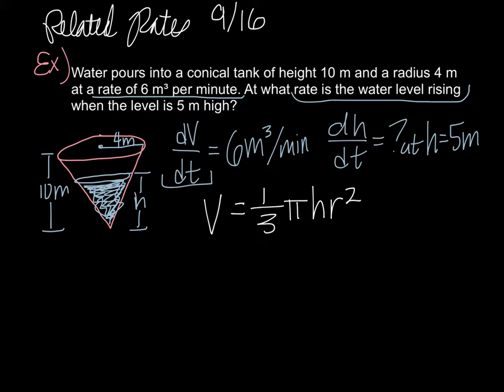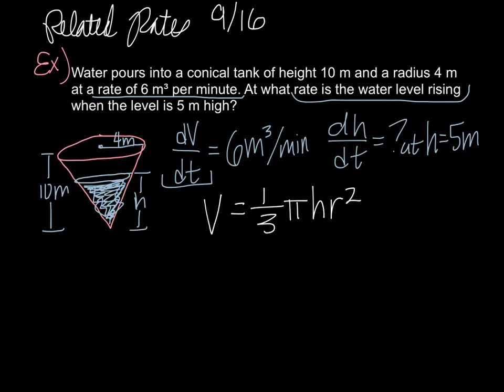If I were to take the derivative of this, I would have to do the product rule, and I would end up having a dH/dt and a dr/dt. There's nothing in my information that tells me anything about dr/dt. So before I even take the derivative, I need to figure out a way to get rid of that r.